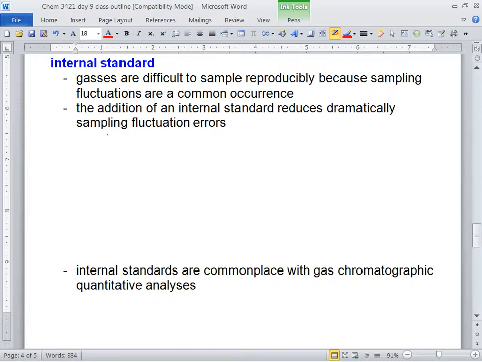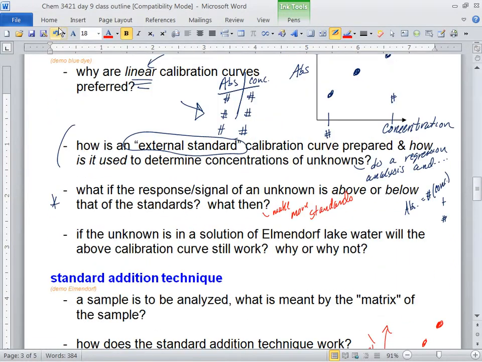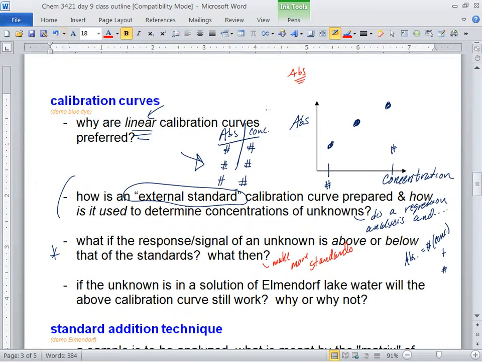So what they do is they use what's called an internal standard. Now we've had an external standard. That's everything we've been talking about so far, right? We use an external standard to make known concentrations, and we call them external standards. And we made external standard calibration curves.